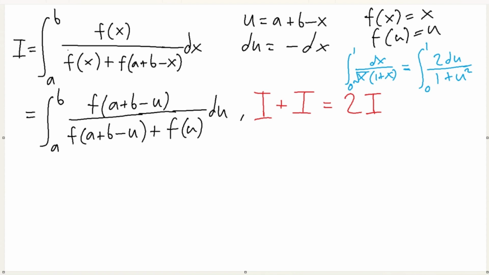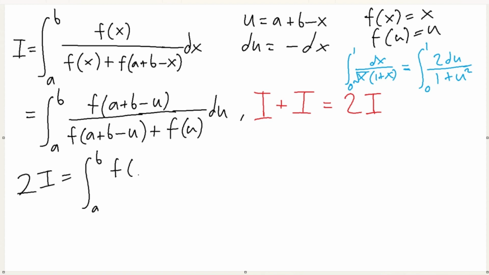Now when we let I plus I, we technically have 2I equal to the integral from a to b, because they both have the same bounds, we can combine them and interchange u back to x and still equal the same thing.